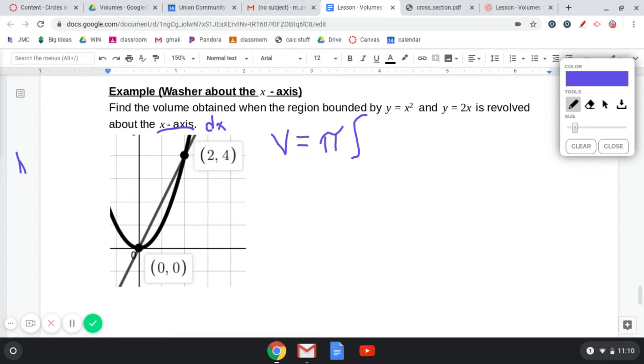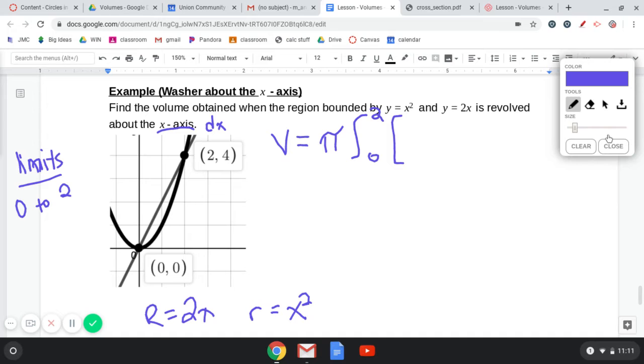So the limits of our integral are going to be 0 to 2. Your outer bound function, your big R, is going to be your top function, which for us is 2x. And our smaller radius, the inside radius, is going to be our lower bound function, which is x squared.